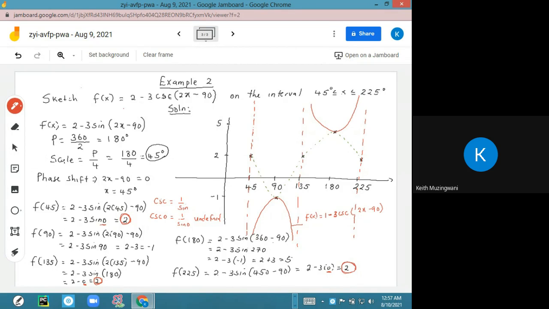Our function cosec will be undefined when sine is 0. Since cosec is 1 over sine, the emphasis is that we don't know what 1 over 0 is. That's why we are putting the vertical asymptote, saying we don't know at what value it touches the graph. We don't know.